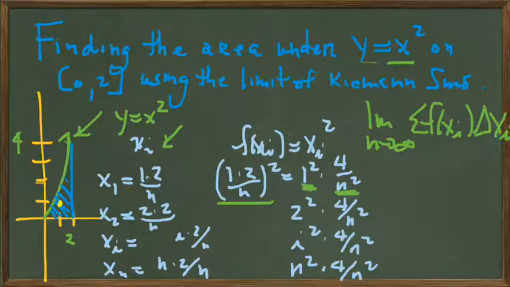In the next case, we're squaring 2 times 2 over n, so that's the same as squaring the 2, and then again we're multiplying by 4 over n squared. Then we're squaring the i times 2 over n, giving i squared times 4 over n squared, then we're squaring the n times 2 over n, giving n squared times 4 over n squared. So let's put that together on the next blackboard to see what this expression looks like.